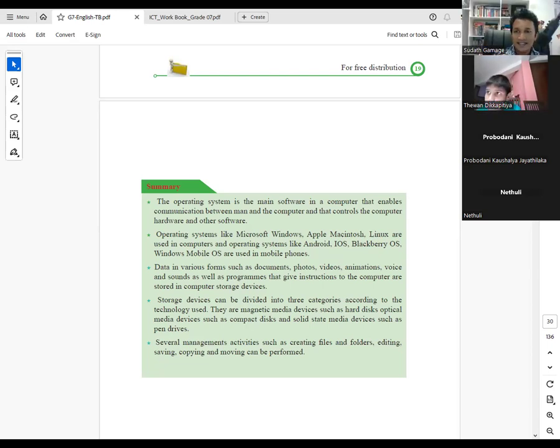SSD's speed is higher than a normal hard disk. What is the reason? Manufacturing technology. Yes. I know that manufacturing technology is different.